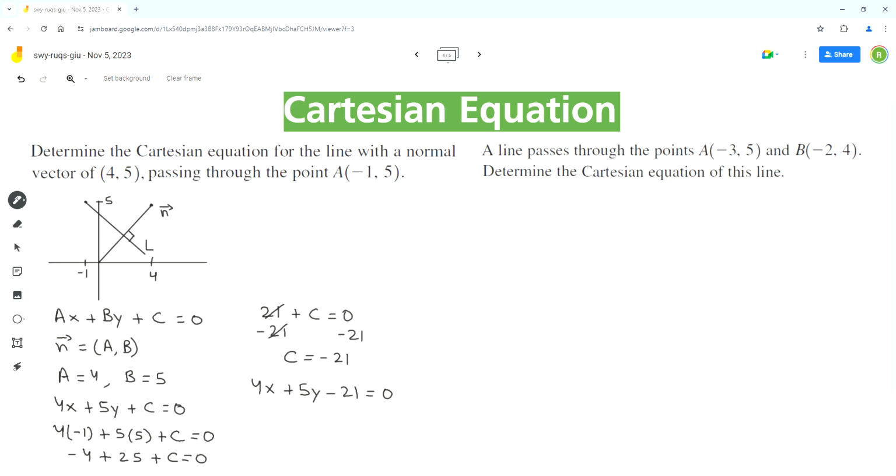Now we can analyze the second problem. A line passes through points A and B. Determine the Cartesian equation of this line. So we are given 2 points that lie on the line. So let's start by writing the general Cartesian equation of a line.